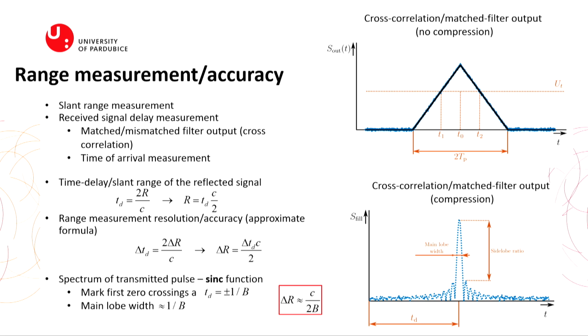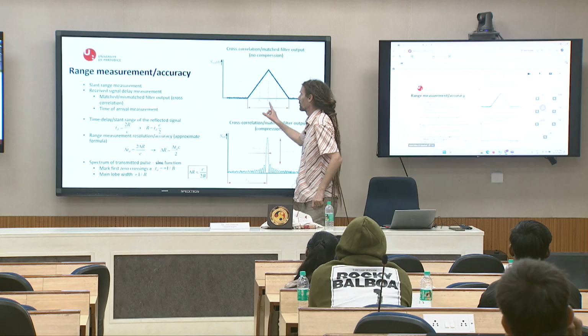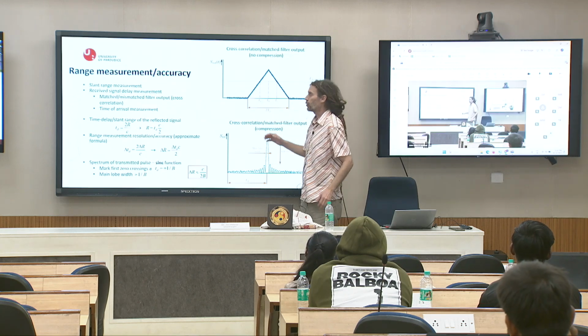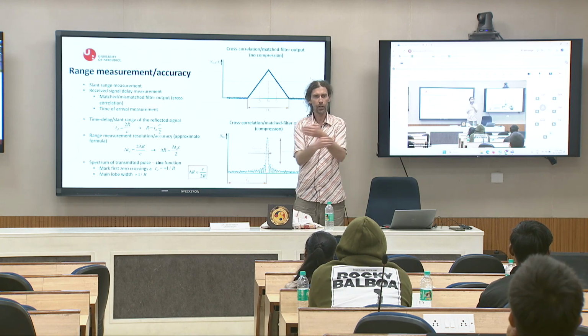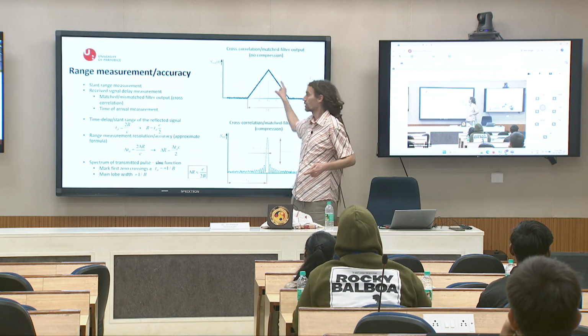So what does it mean generally? I take my transmitted pulse at a specific time, I wait for received signals, and I make cross correlation of both signals, and of course somewhere will be the maximum. For example, if you have a pure rectangular pulse and make cross correlation, you will get a triangle.